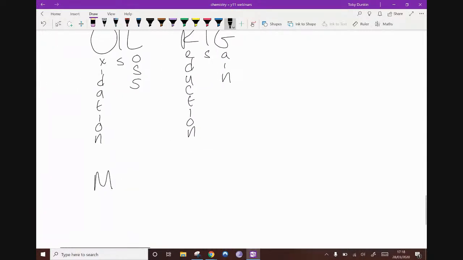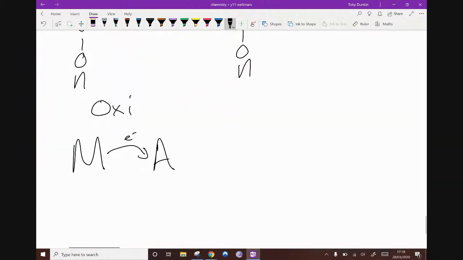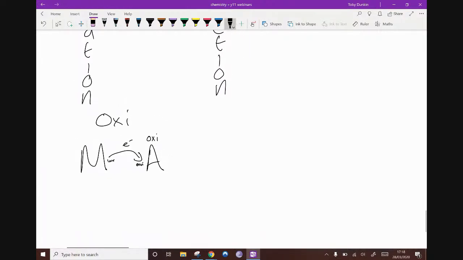So in terms of OIL RIG, oxidation, the metals lose electrons. The oxidizing agent, so this is the oxy agent, is therefore gaining it. That's loss, and therefore that's gaining. It's a really handy picture.